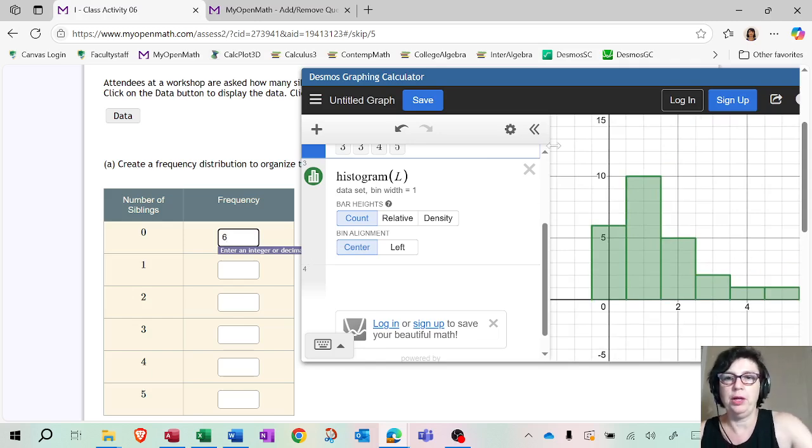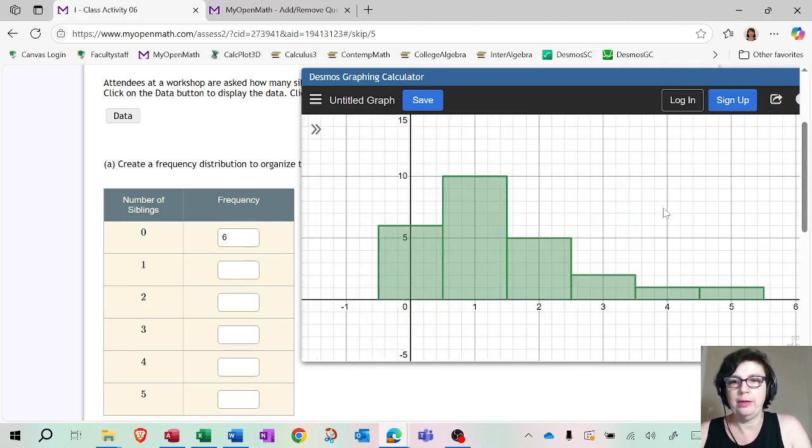To make it larger, you can click on the double arrows and that'll make the graph easier to see. So you got 6 and you're just reading the heights of each bar. Here it's 10, here would be 5, here it looks like 2, and then 1, 1.